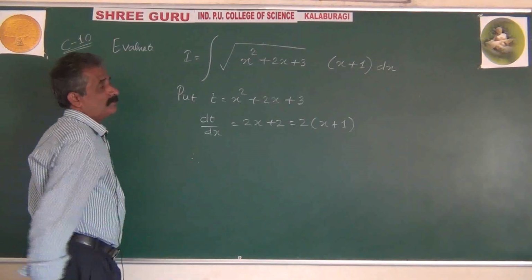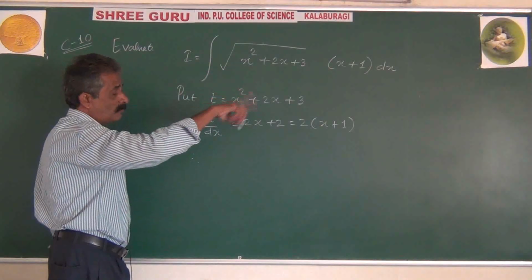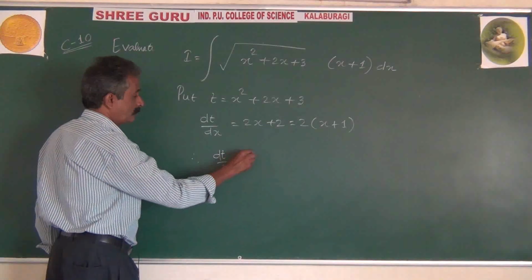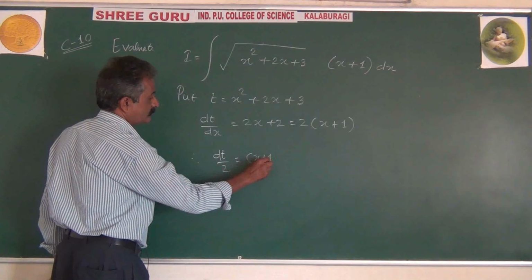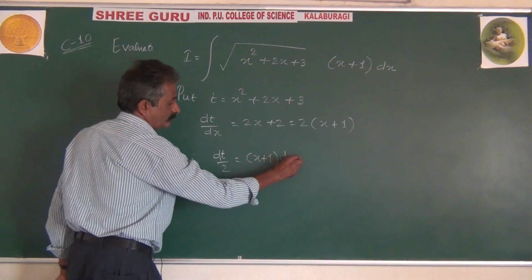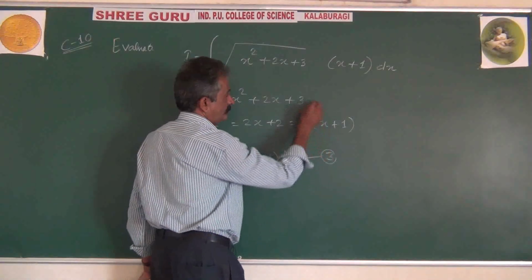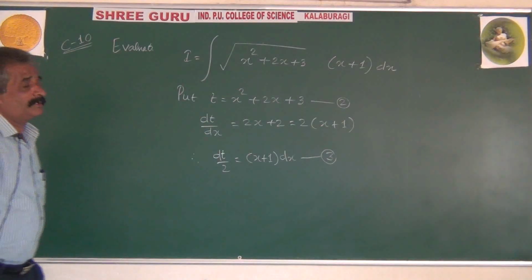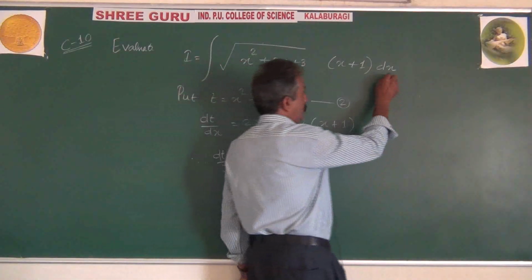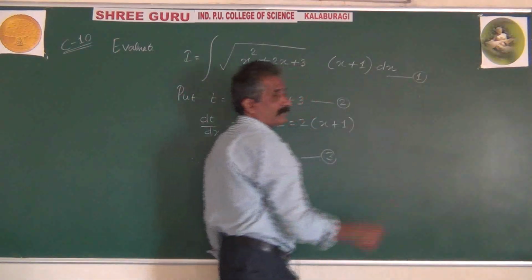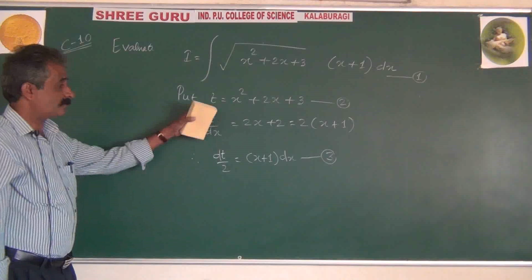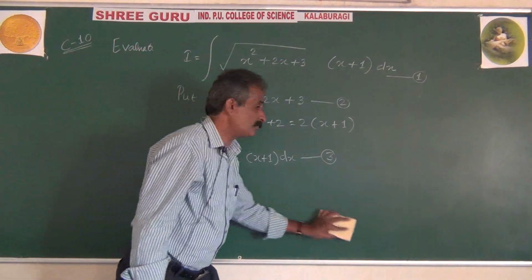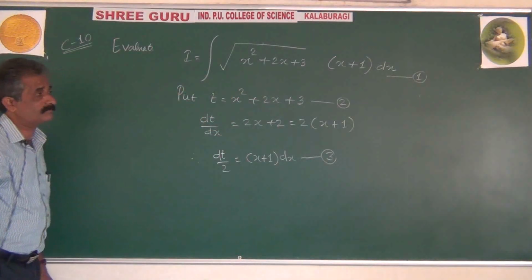Hence x plus 1 dx will become how much? dt by 2. Therefore dt by 2 equal to x plus 1 dx. And call the given integration as 1. Now write from 2 and 3 using in 1.